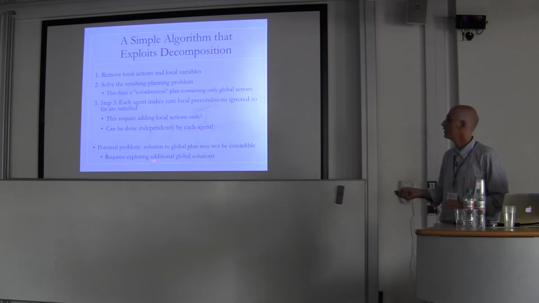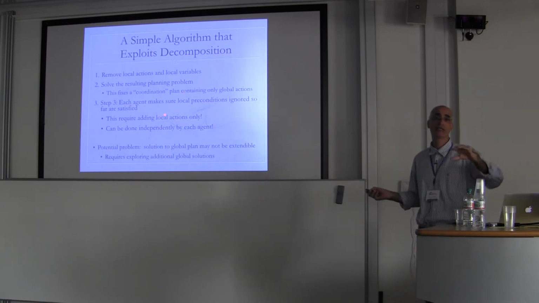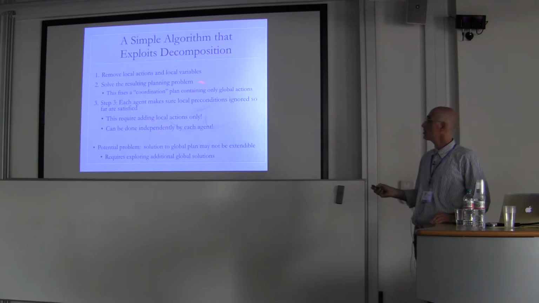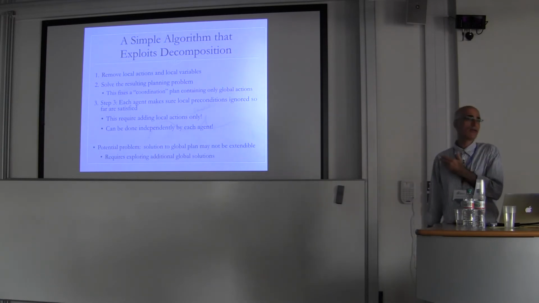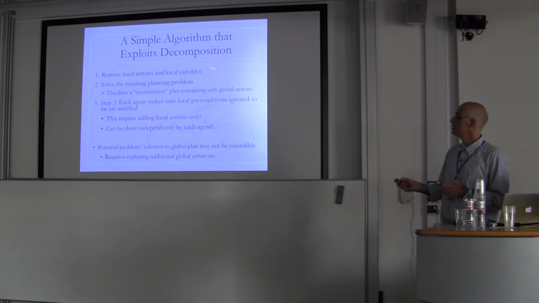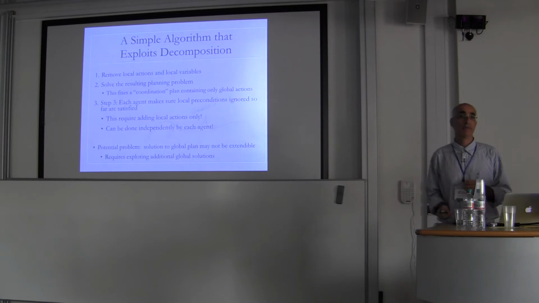Just stay with the global actions, and with the global actions only caring about the global propositions. Solve the resulting problem. Under our assumption that most of the actions are local and most of the variables are local, you're going to get a very much smaller planning problem. Solve this planning problem, and what do you get?